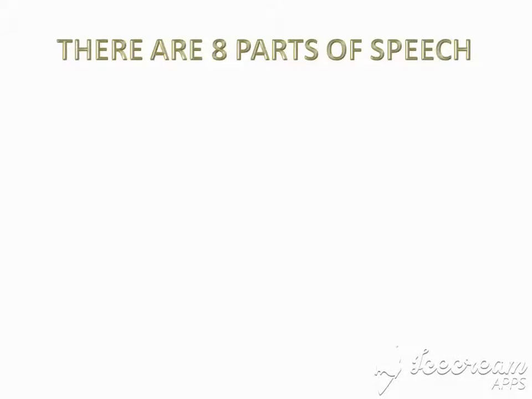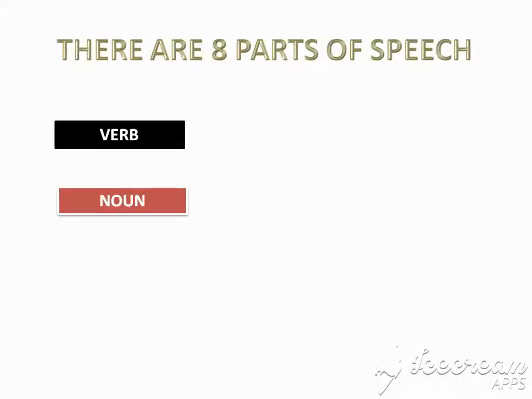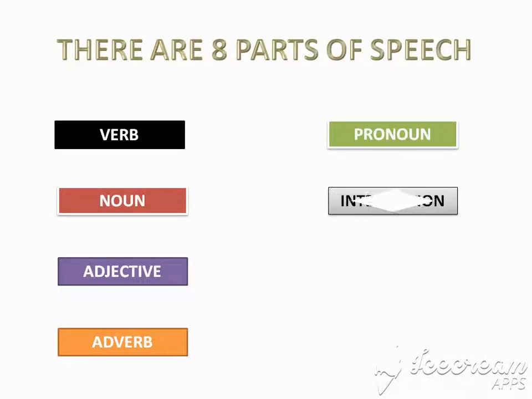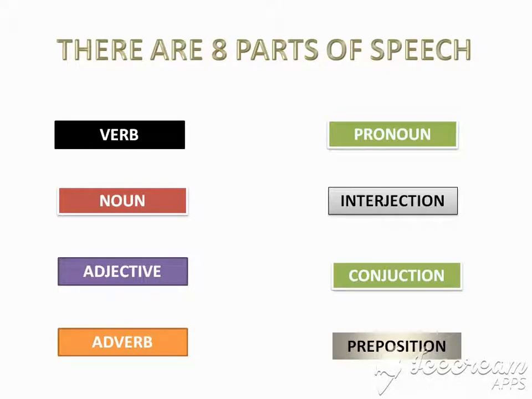Today we are going to see the different parts of speech in English. In English there are 8 parts of speech: a verb, a noun, adjective, adverb, pronoun, interjection, conjunction, and preposition.